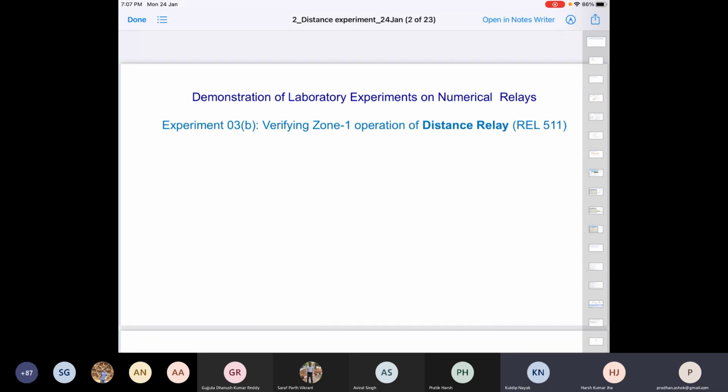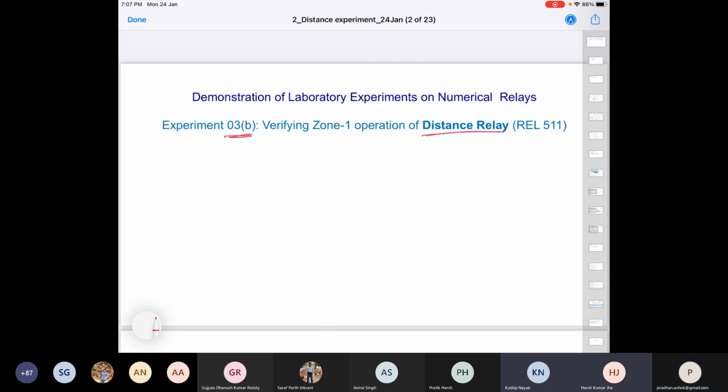Okay. So, friends, moving forward, this is part 2 of the lab. This is 3B. In 3B, in the numerical demonstration or laboratory experiment, we talk about the distance relay.